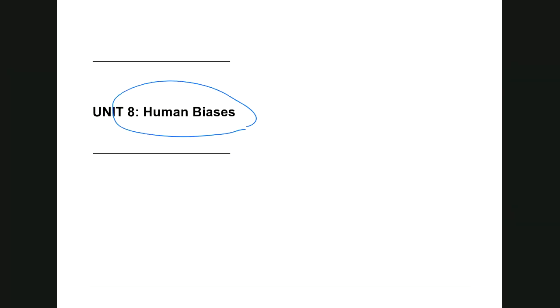Okay, so we are learning about the human bias today. And last class, we learned about the invisible gorilla. That invisible gorilla experiment was intended to explain that we have a selective perception as a human being. Because we have a limited attention, and we have a limitation of processing the input information from our sensory input.